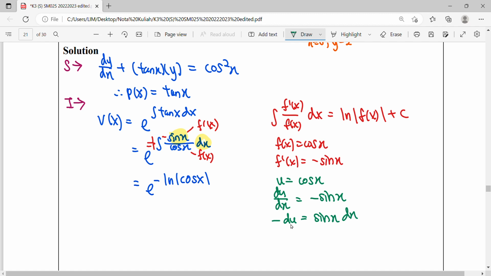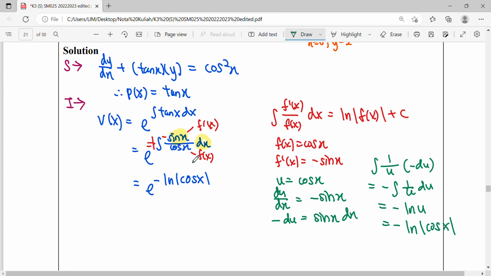So integrating gives negative, integral of 1 over u, so you get ln u. Lastly, substitute back: ln cos x. So the substitution method and the formula method are the same. It just depends on which one you're familiar with.